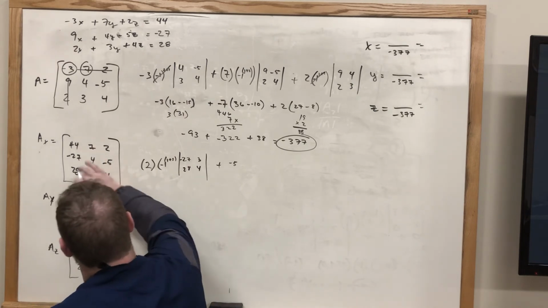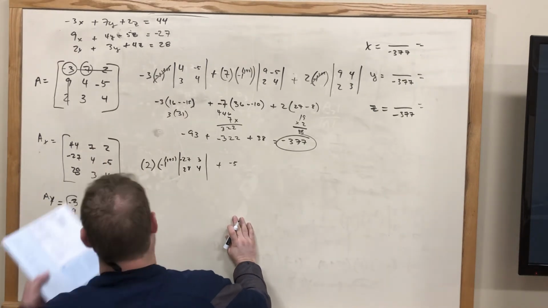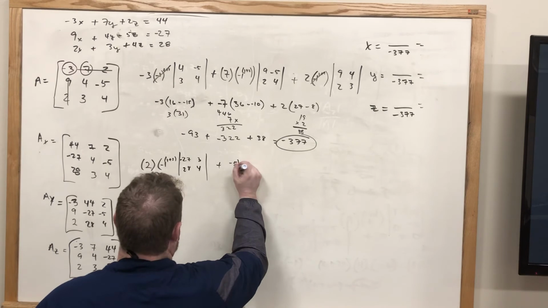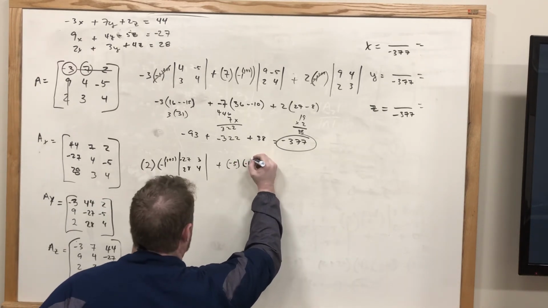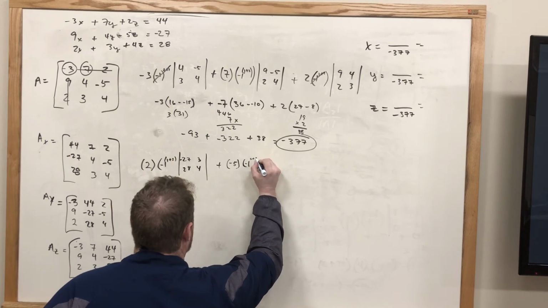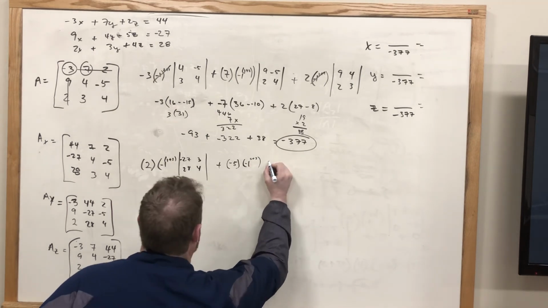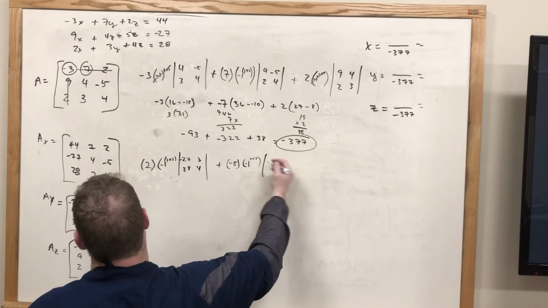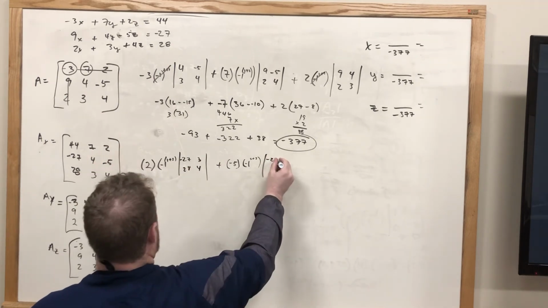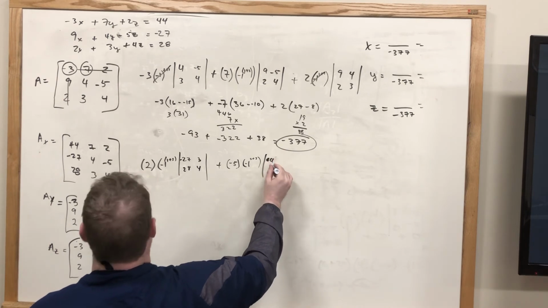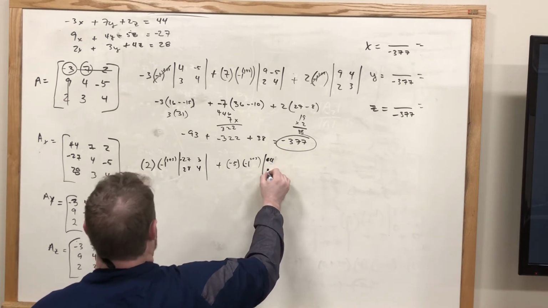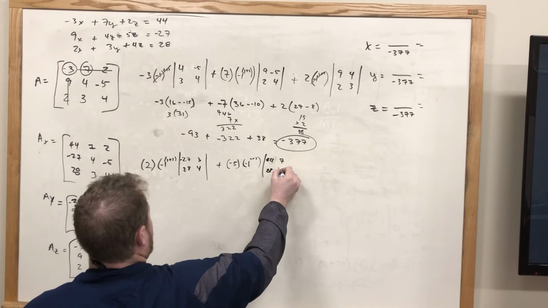If you want to use the big number to multiply at the end, you can do the big outside. It doesn't matter to me. Then that's going to be negative 1 to the 2 plus 3. And that leaves us with 44 and 28, 7 and 3.